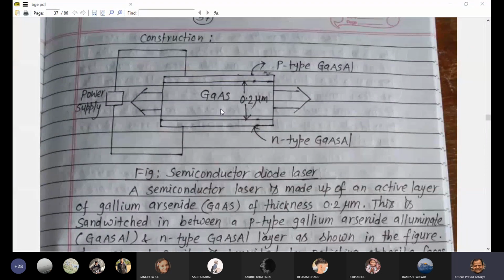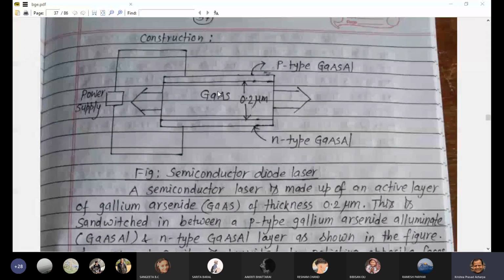When the electron jumps from conduction band to the valence band, then what happens? Then there will be emission of photon. This type of pumping results in the stimulated emission of radiation, and by stimulated emission of radiation, laser light can be produced. That light can be intensified by increasing the current and decreasing the junction thickness.